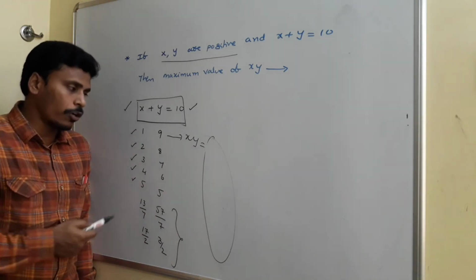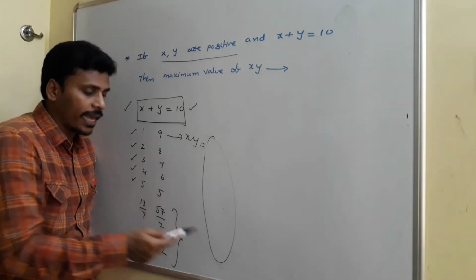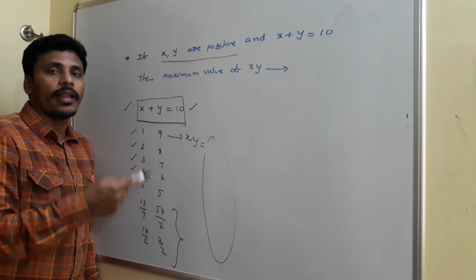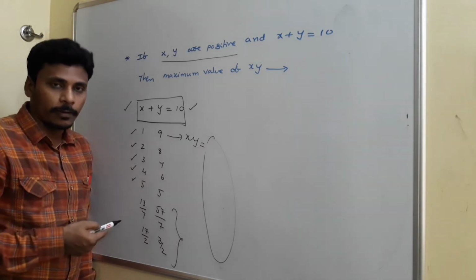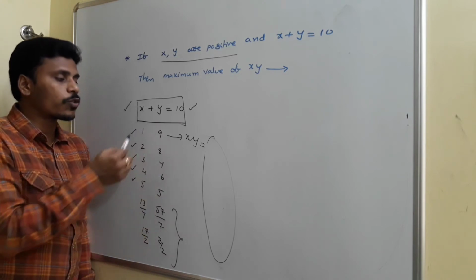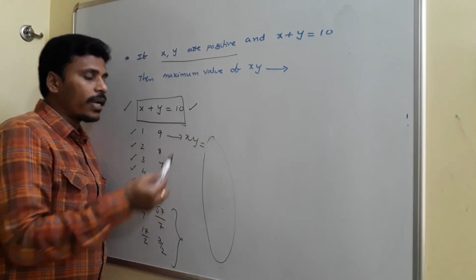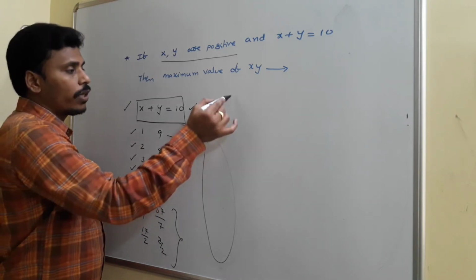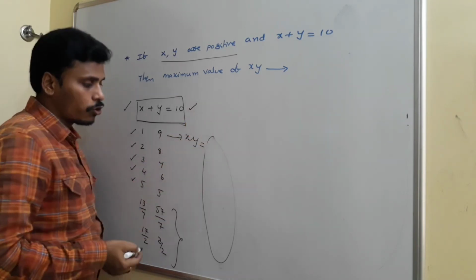So listing these possibilities, calculating that xy and identifying its maximum value, this is all a tedious, lengthy process, right? So instead of calculating the products and identifying the maximum value, we just directly move with AM greater than or equal to GM.